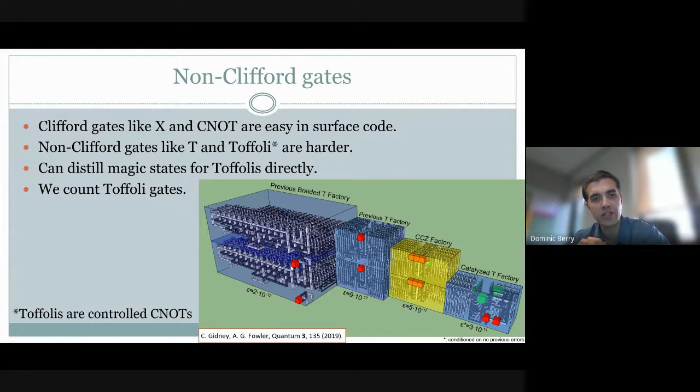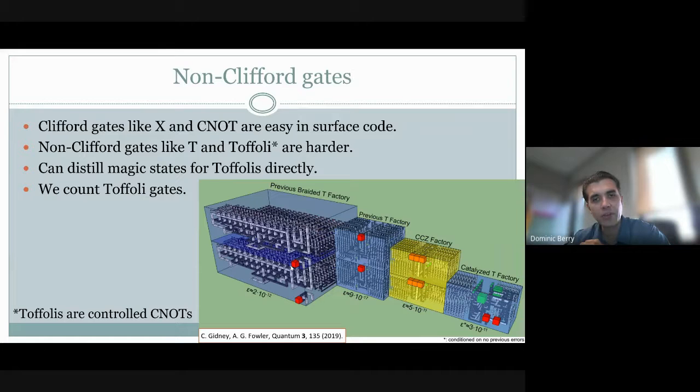Clifford gates, like CNOTs and X gates, are easy in the surface code. But non-Clifford gates, which are things like T gates and Toffoli gates, which are just controlled CNOTs, are much more difficult, and you want to distill magic states in order to be able to do those.